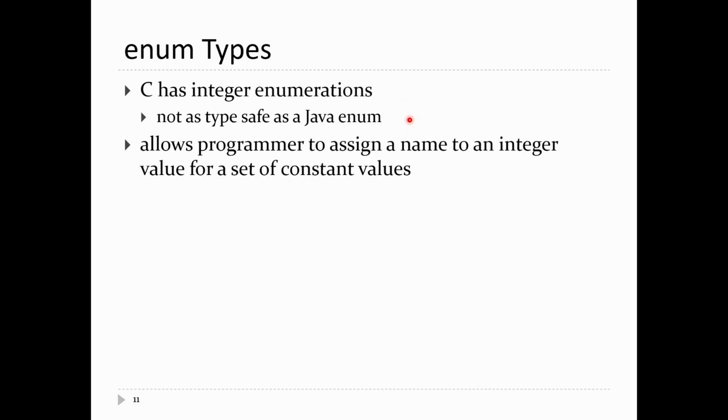Now the problem is these aren't anywhere near as powerful or as safe as the Java enums. You'll see exactly what happens in a second. All the enums let you do is assign a name to some integer value, and you use these when you have constants that you want to assign a number to.